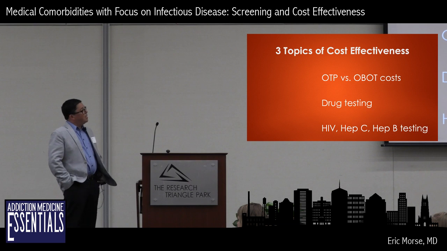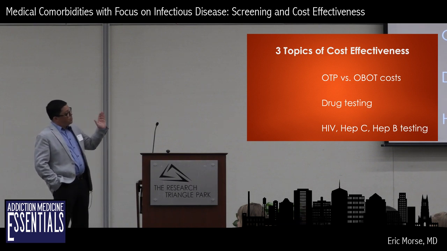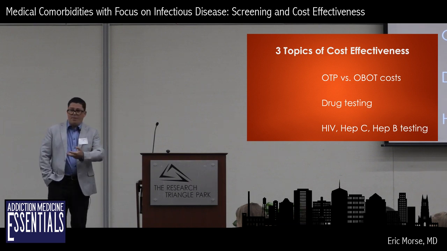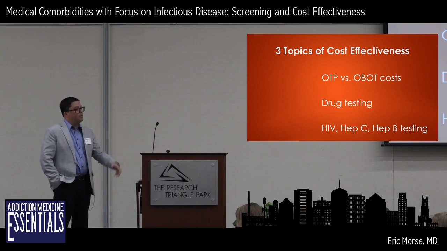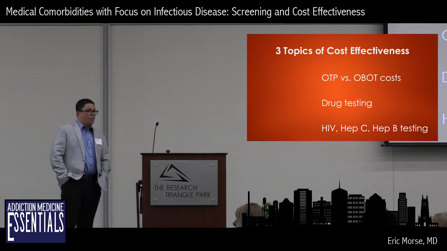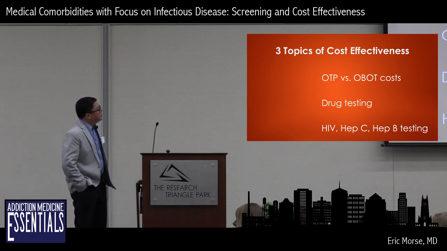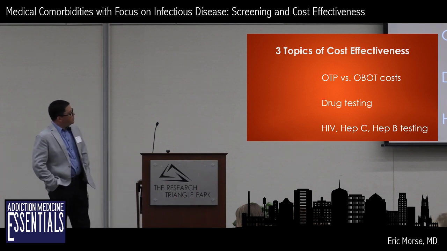So they may, in an OTP, an opioid treatment program, commonly known as methadone clinics, but I don't like to call it that because pretty much all of the methadone clinics in North Carolina offer buprenorphine. Okay, so I don't call it that, but some of you may know it as that.